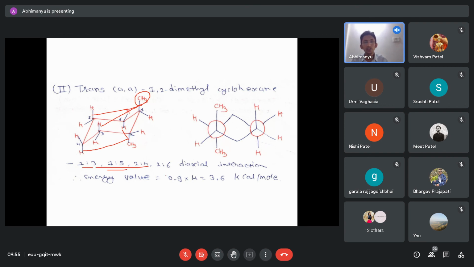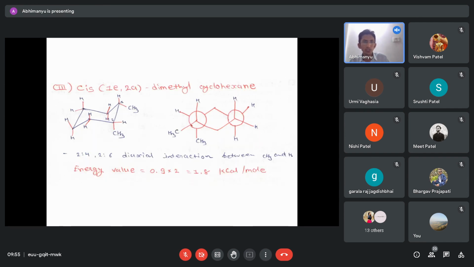So 1,3, 1,5, 2,4, 2,6, how many types of repulsion? 4. So for 1 repulsion the value is 0.9, so for 4 repulsions 0.9 into 4 is equal to 3.6 kilocalorie per mole. It is the torsional strain value. You can identify it from the projection: 1, 2, 1 and 2, total 4 repulsions.